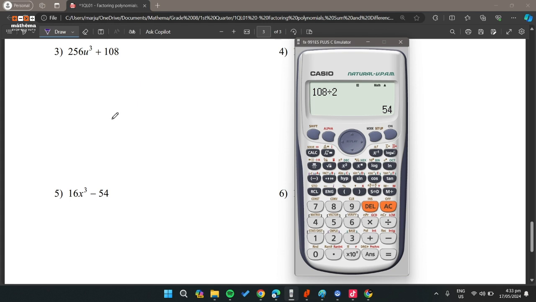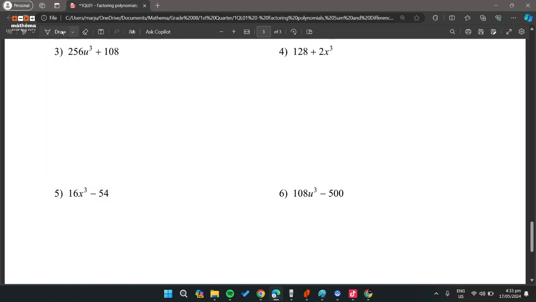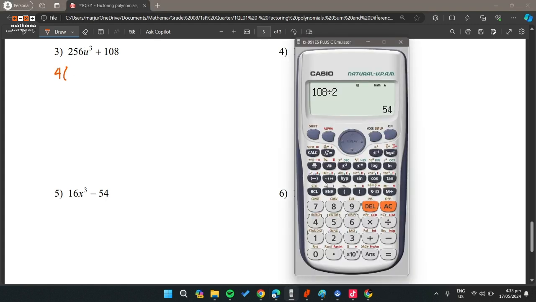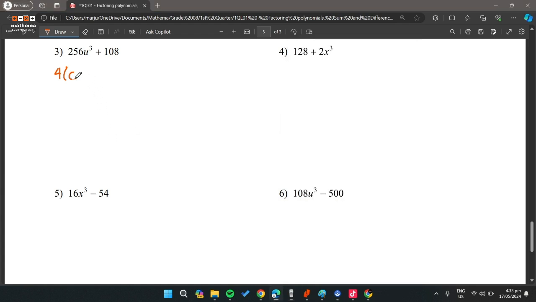So, meaning to say, we can actually factor out 4. 256 divided by 4 is 64. This will become 64u cubed plus 27. Again, the same thing as earlier. What we are going to do is factor out.